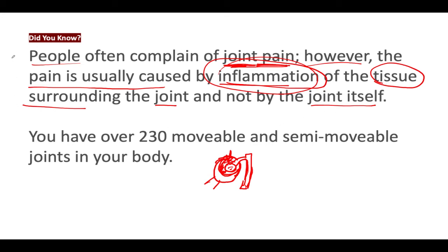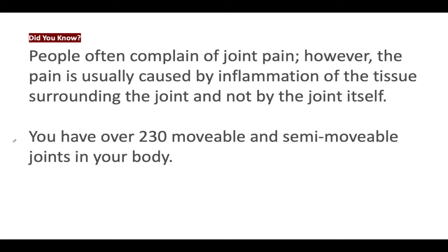Second aspect of it, so this is "did you know A," and then "did you know B," and in the B section, it says you have over 230 movable as well as semi-movable joints in your body. Movable, for example, we have our arms move, our legs move, and various joints that do move.